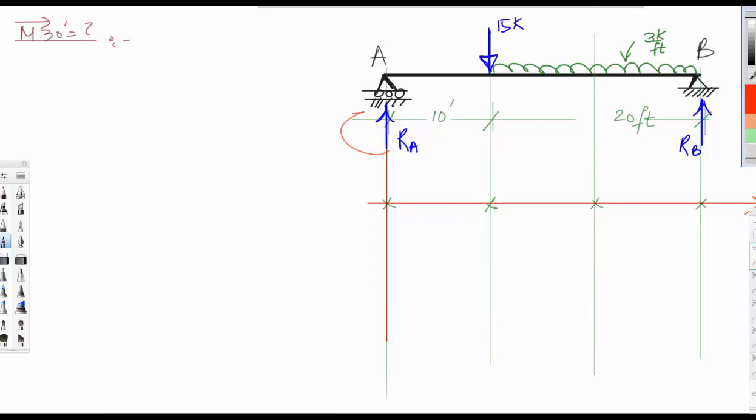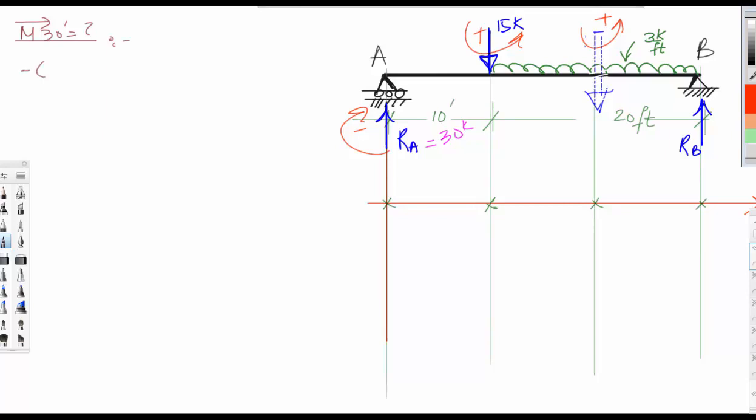This will rotate in this direction, this will rotate in this direction, and this will rotate in this direction. So positive, positive, negative. Of course, the value here is equal to 30 kips. So let's do the numbers.